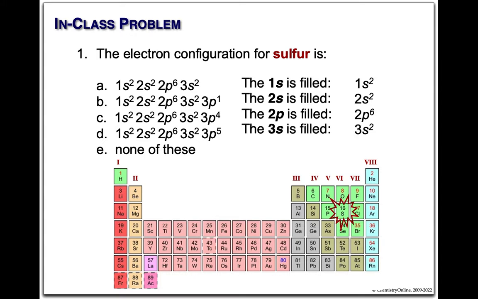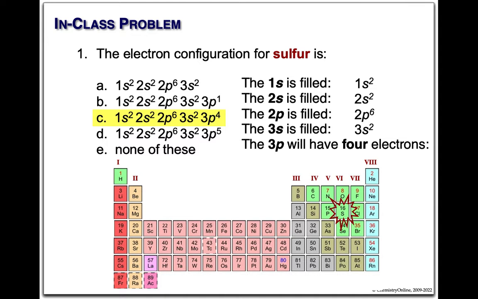And now over here, we have 1, 2, 3, 4 electrons. We write this as 3p4. So let's see, what is it? Here, 1s2, 2s2, 2p6, 3s2, 3p4, yep, that's the right answer.